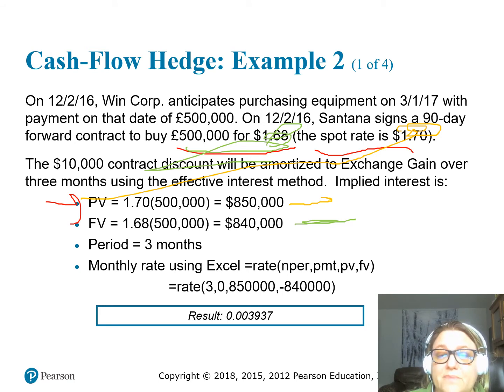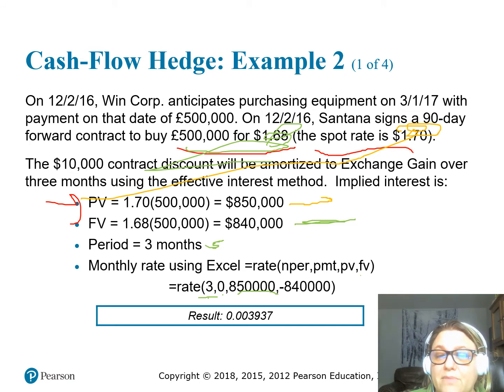Do it in months because we're not adding it over 90 periods. We just have 3 months. Put in the number 0 for payment because you're not getting any payment. Put in the present value, which you've already figured out from your calc, and then put in the future value as a negative number.